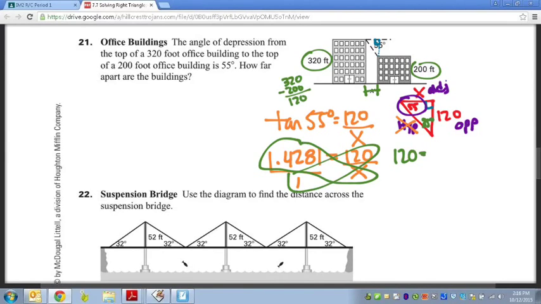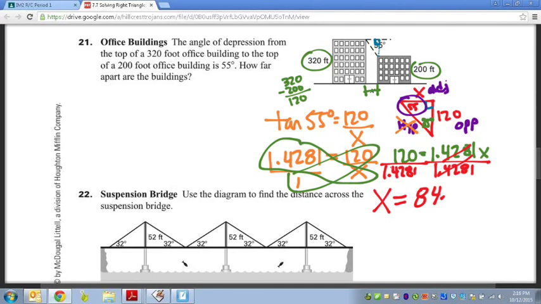So 120 equals 1.4281x. And then you would divide by 1.4281 on both sides. And that's going to give you an answer of x equals 120 divided by 1.4281. That's going to give me 84.0 for the nearest tenth.